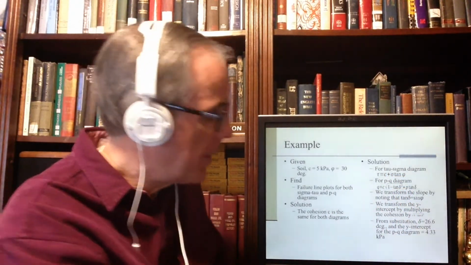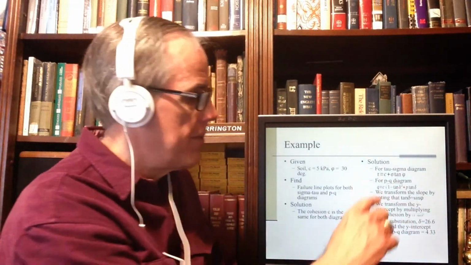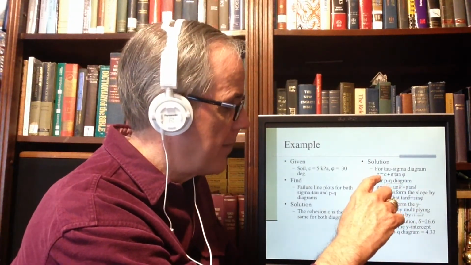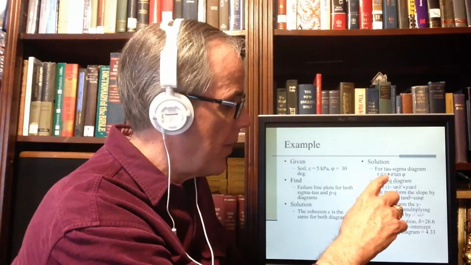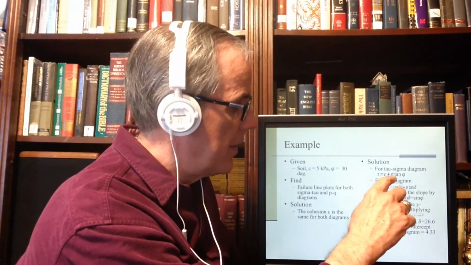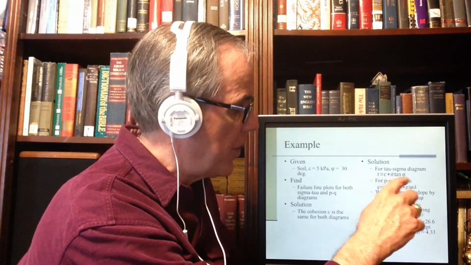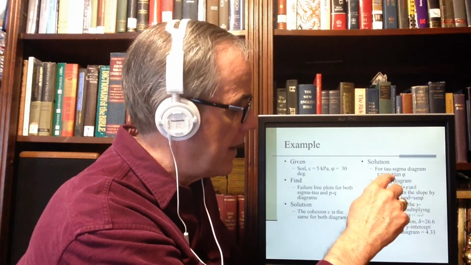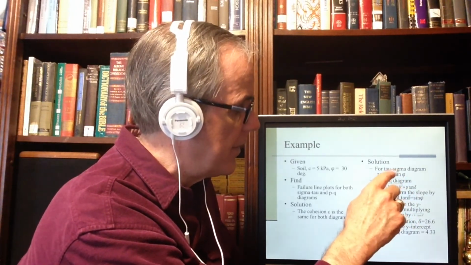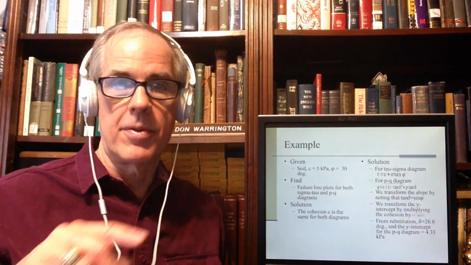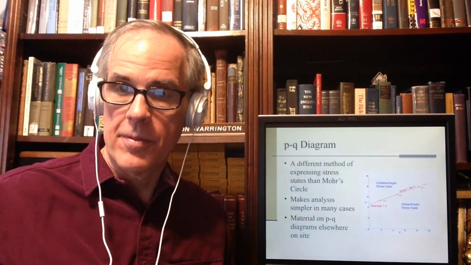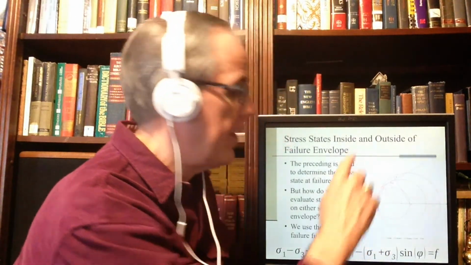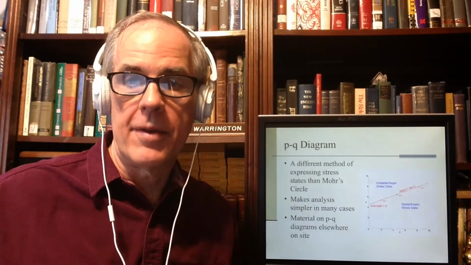If I ask you to plot this, then this is y, this is b, the y-intercept, and this is m, the slope, which is tangent of phi, and x is this. Because, as you remember, if you go back, this is sigma and this is tau. It's just a straight linear line.